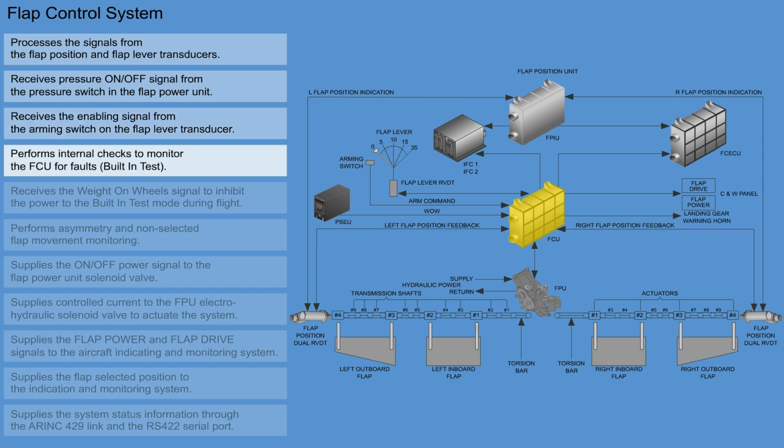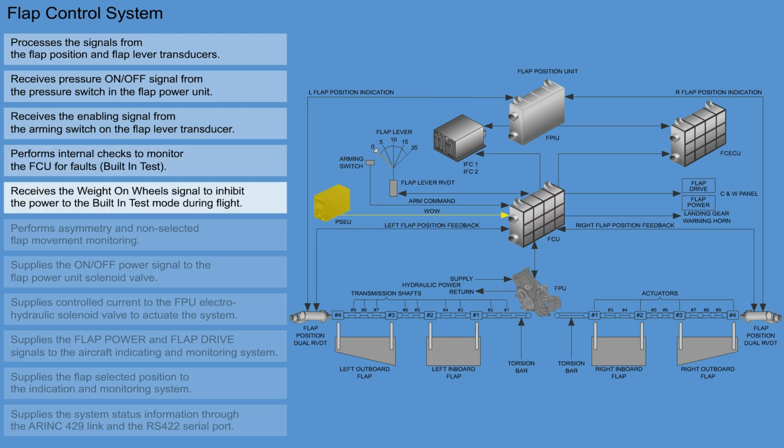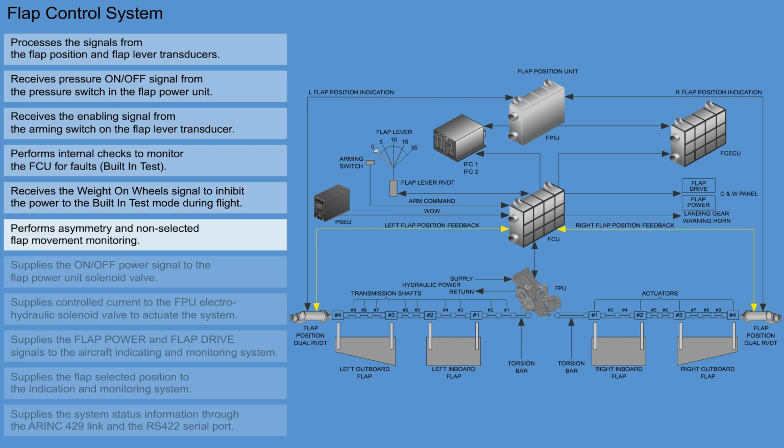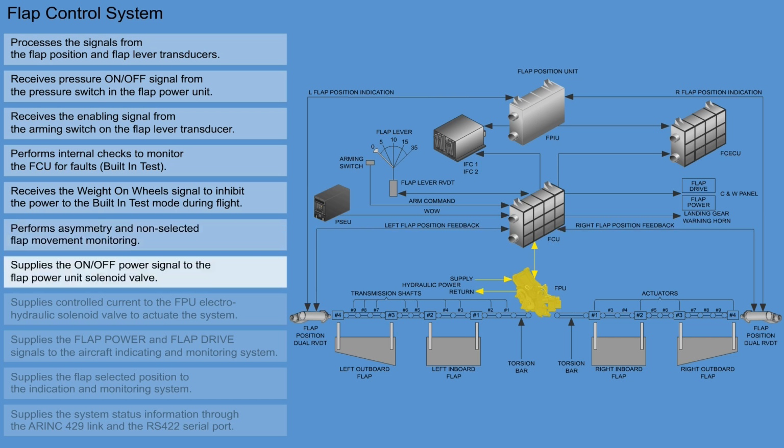Performs internal checks to monitor the FCU for faults, built-in test. Receives the weight on wheels signal to inhibit the power to the built-in test mode during flight. Performs asymmetry and non-selected flap movement monitoring. Supplies the on-off power signal to the flap power unit solenoid valve.